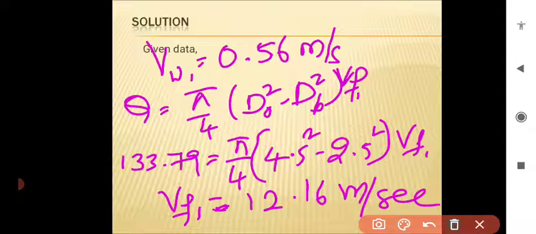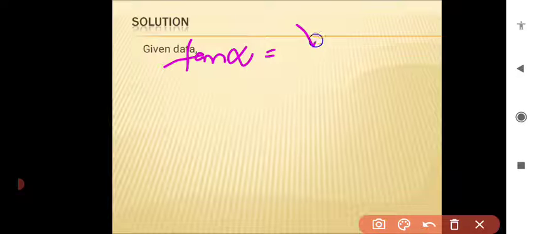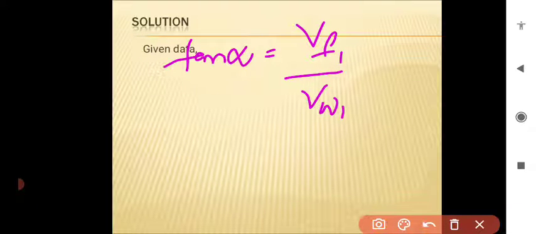Now we will get from the velocity triangle tan alpha is equal to Vf1 by Vw1. So substitute all the values in this equation.